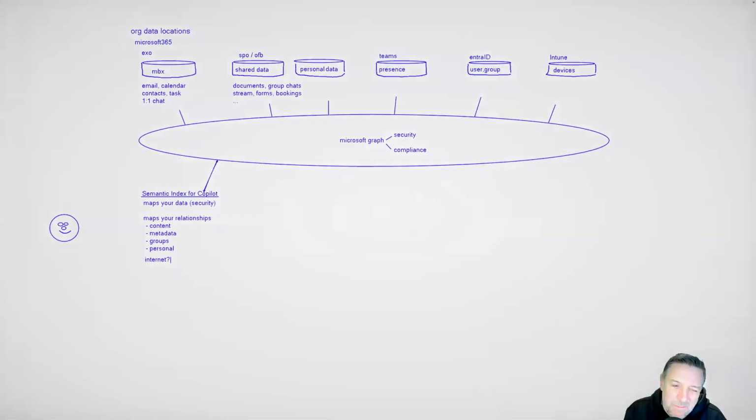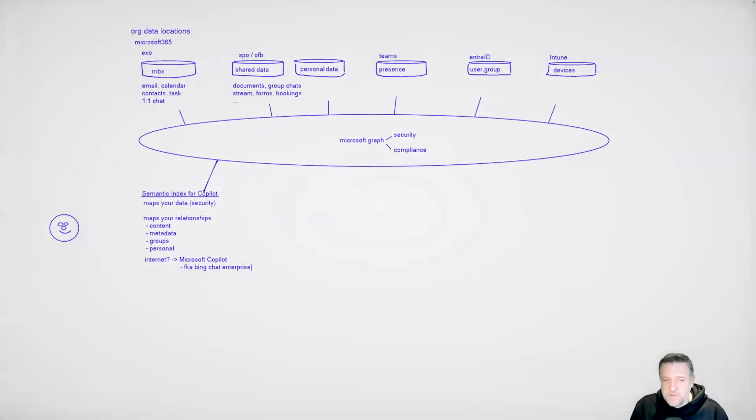But that internet part is not per se Microsoft 365 Copilot. That is going to use something officially called Microsoft Copilot. Microsoft Copilot is the new name of what used to be named Bing Chat Enterprise. So this last thing here was formerly known as Bing Chat Enterprise.